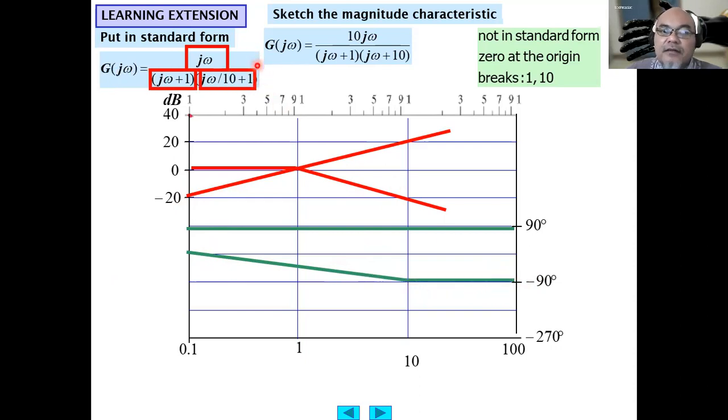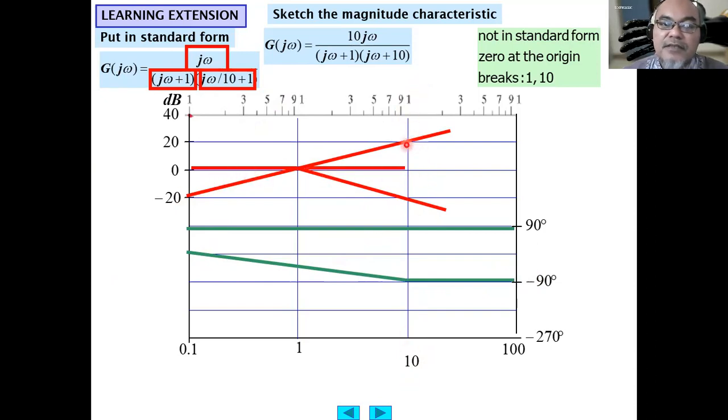The second pole is j omega divided by 10 plus 1. Here the break frequency is at 10 radian per second at this line. Before that the magnitude is asymptotic at 0 decibel.